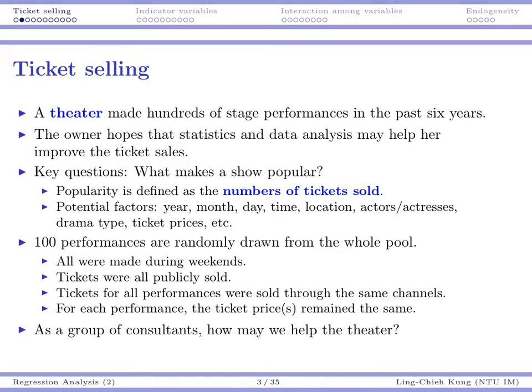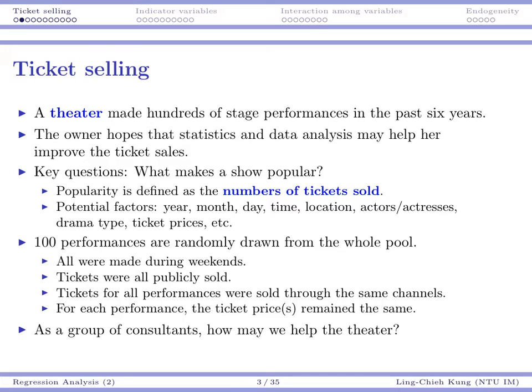So we want to find out what makes a show popular. Sometimes when we make a performance, there is a large audience, but sometimes some shows are just unpopular. So we want to know what kind of shows may get a large number of tickets sold.